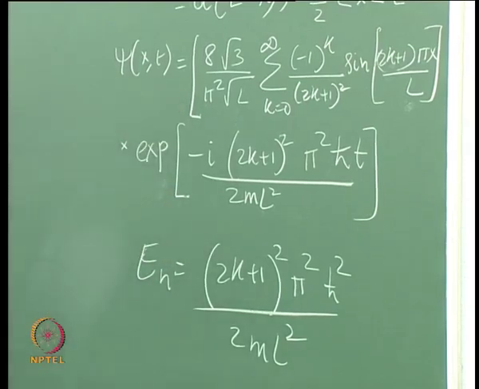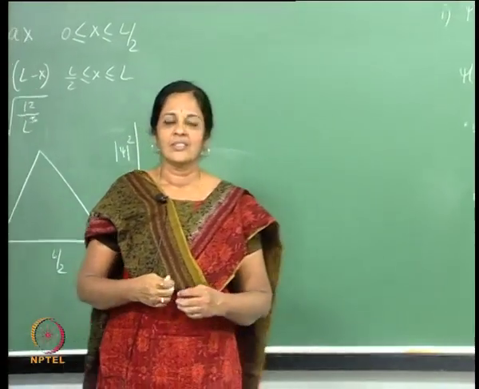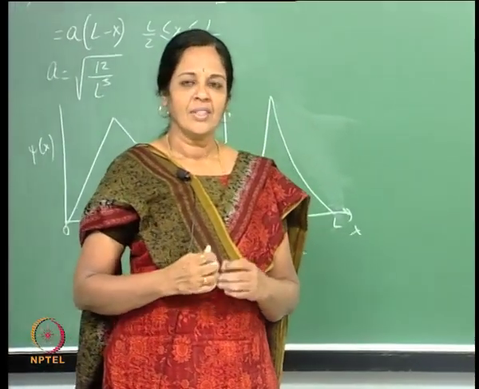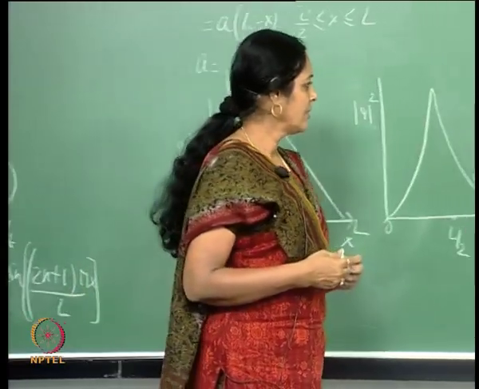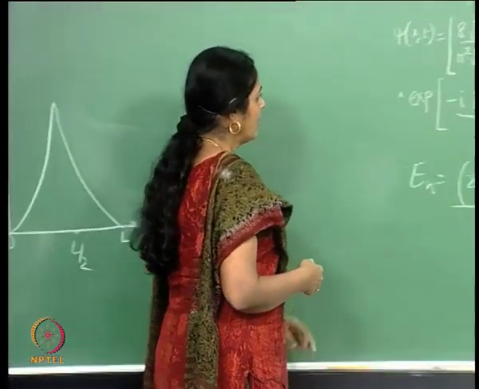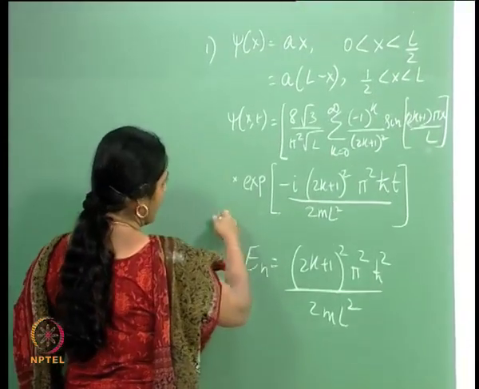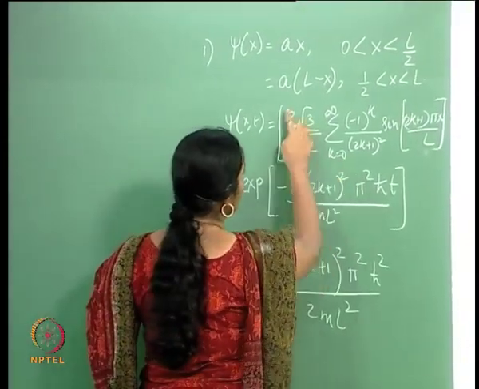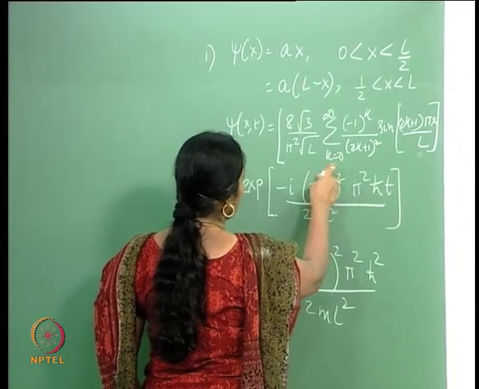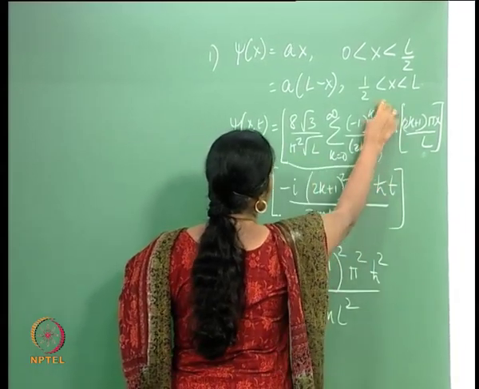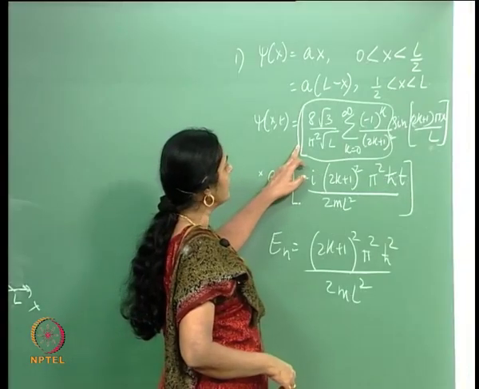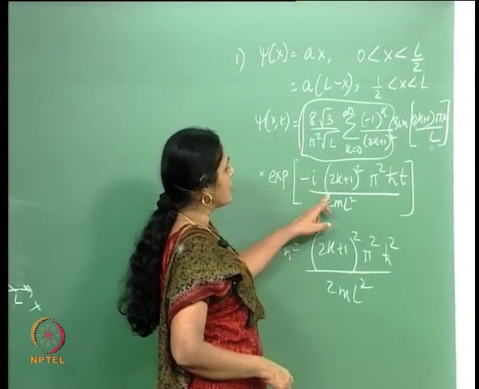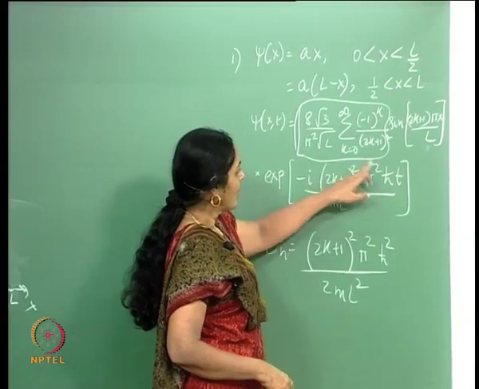Once you do this, you can ask, what is the probability that psi of xt is one of the phi n's? Now, if you looked at that, essentially you will have to look at the Cn's. Look at this factor here. The probability, of course, this exponential is not going to make a contribution.